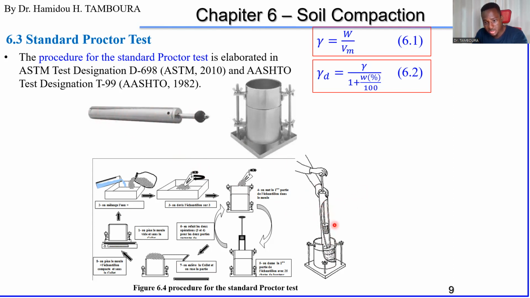If we try to see what is going on inside by cutting, you can see the first layer, second layer, third layer. It's difficult to make all the layers the same unless you are very professional. But you pull the handle up to the end.